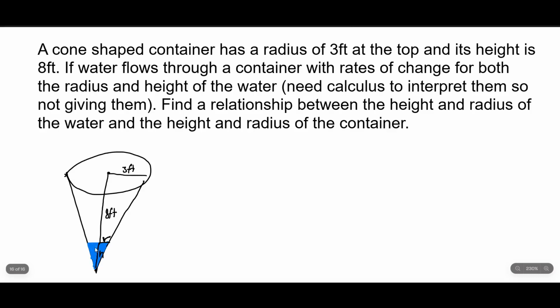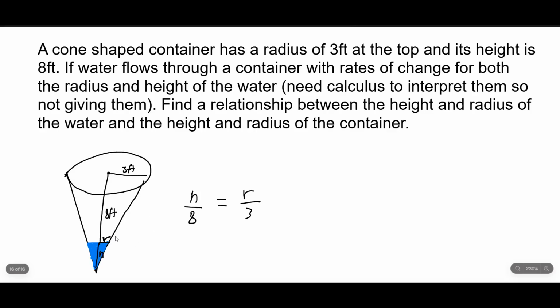The ratio of h to 8 is equal to the ratio of r to 3. So it'll just be h over 8 equals r over 3, and that's your answer. This is a relationship between the height and radius of the water, denoted h and r, because it's any instance, so there are infinitely many instances you can choose.